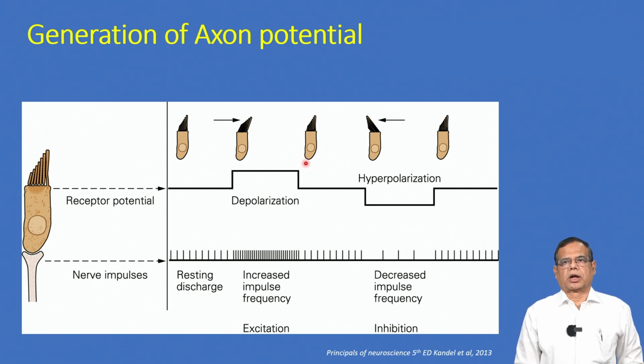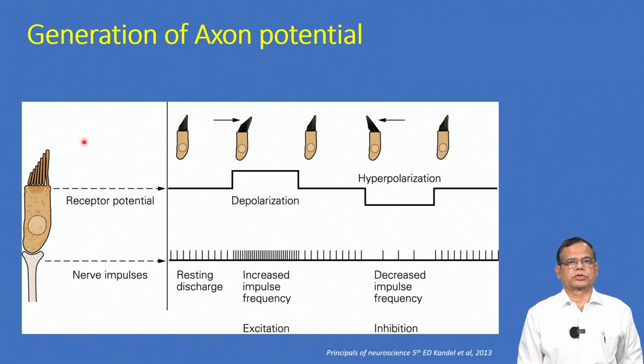Generation of the action potential. Here it shows one of the hair cells, and from the top of the hair cell, these are the cilia. One of the cilia which is larger is called the kinocilium. The smaller cilia are the stereocilia. When they are moved by the endolymph, the smaller cilia move towards the kinocilium and there are tip links.